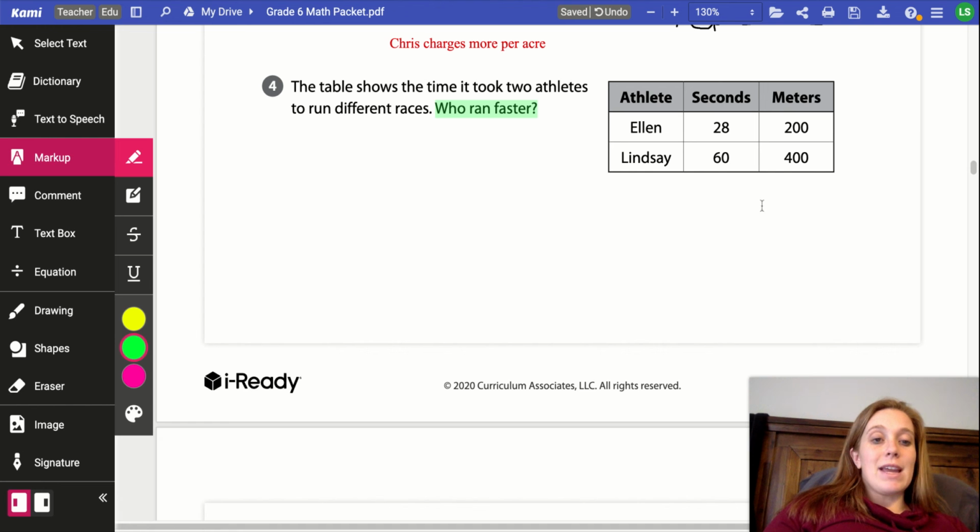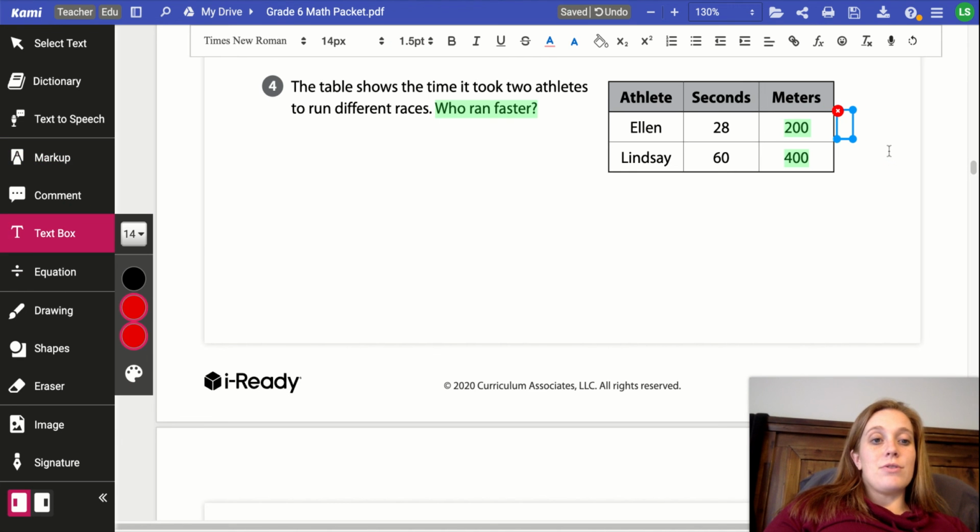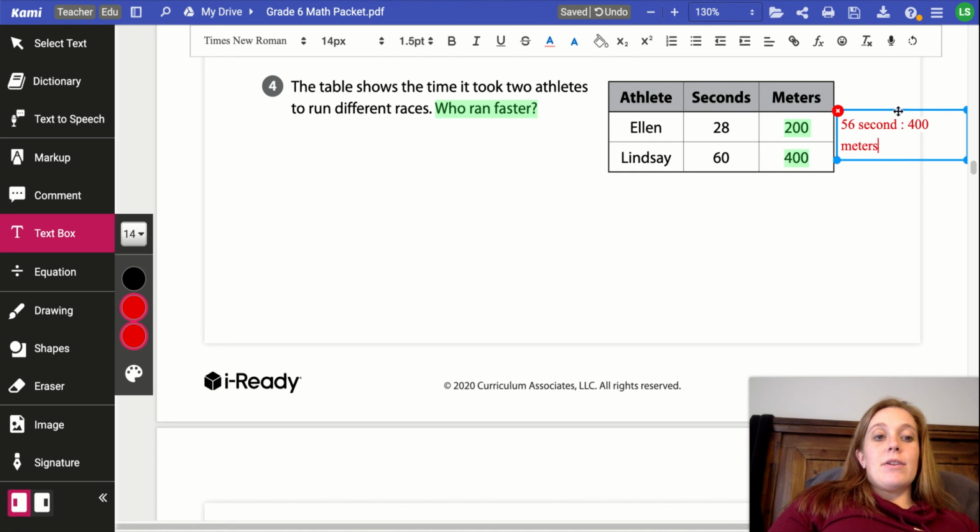So in this case, these numbers don't look the easiest to divide by, but I notice that there's a relationship between 200 and 400. So if Ellen can run 200 meters in 28 seconds, that means that Ellen's ratio is equivalent to 56 seconds would take her 400 meters.